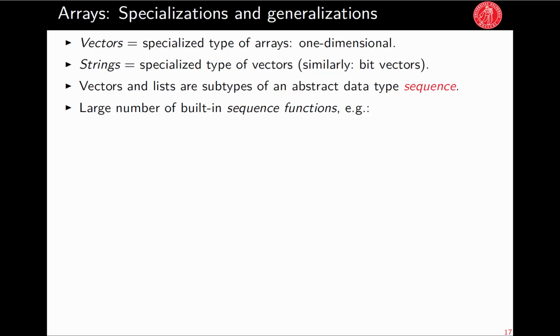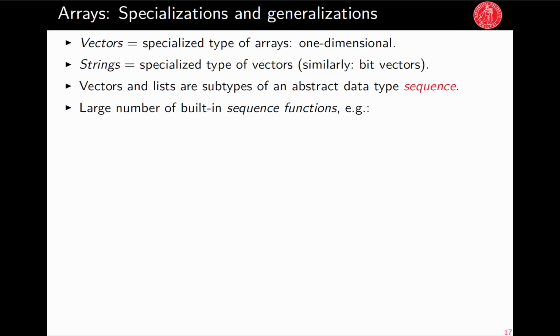There are also some other specialized versions of vectors. In particular, when we say a vector, that's just a one-dimensional array, a fixed size array. And strings, again, are a specialized type of vectors.